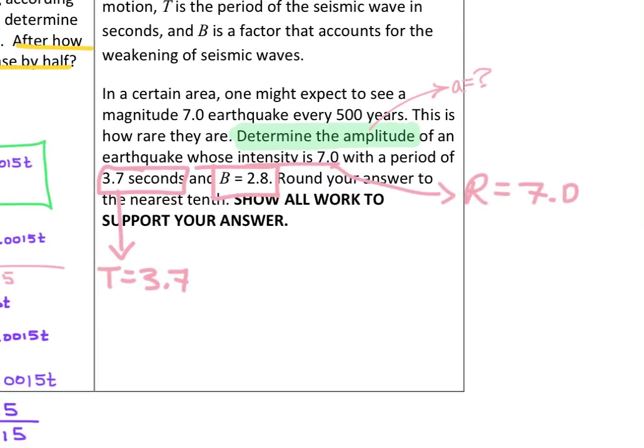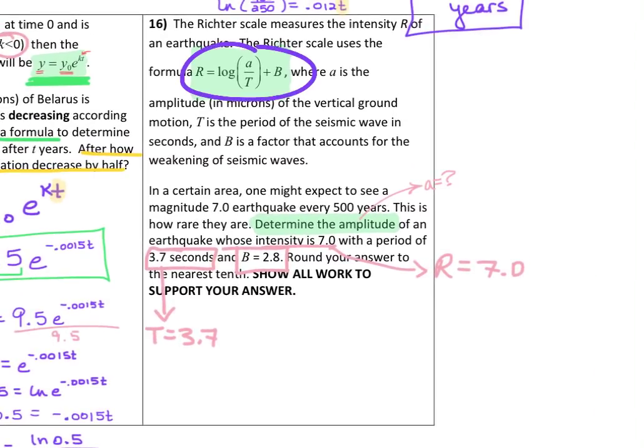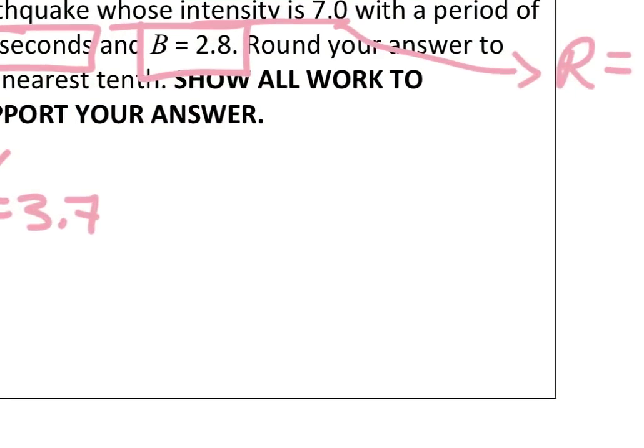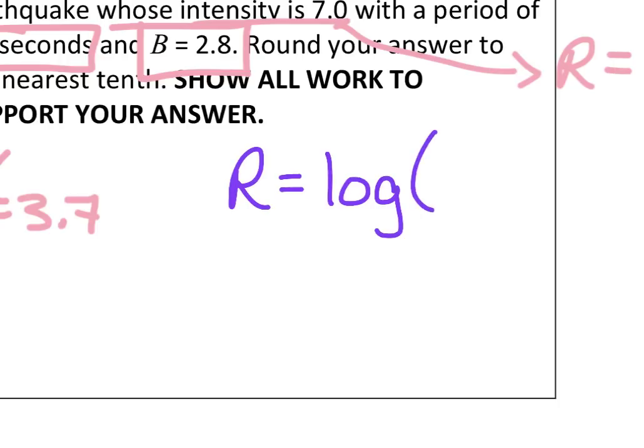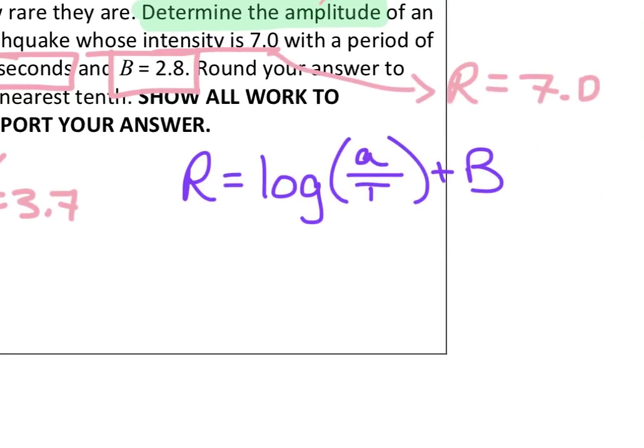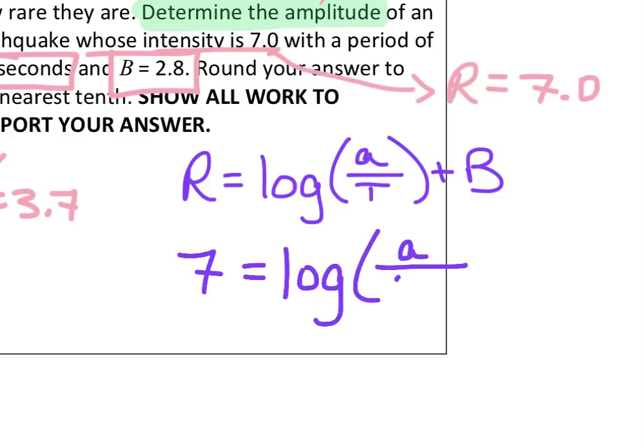So you are going to use the equation from up here, R equals log of A over T plus B. And so we are told that R is 7, and we are solving for A. T is 3.7, and B is 2.8.